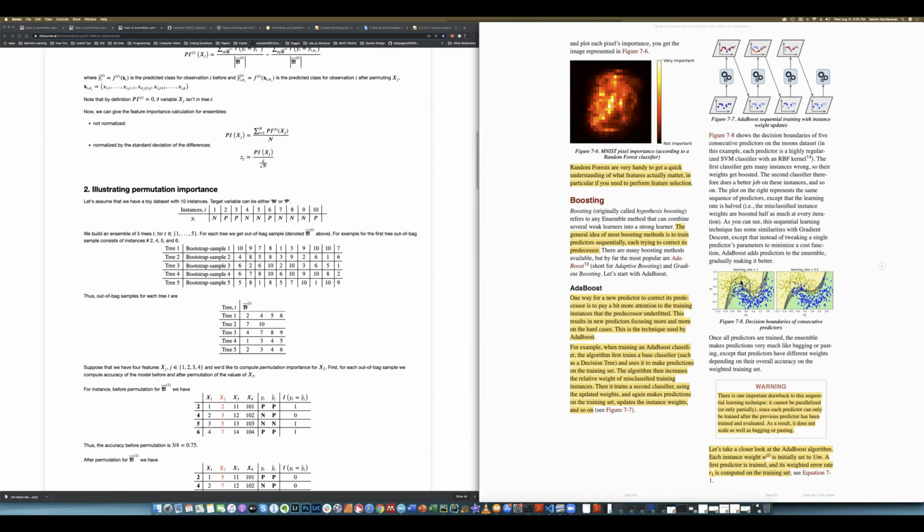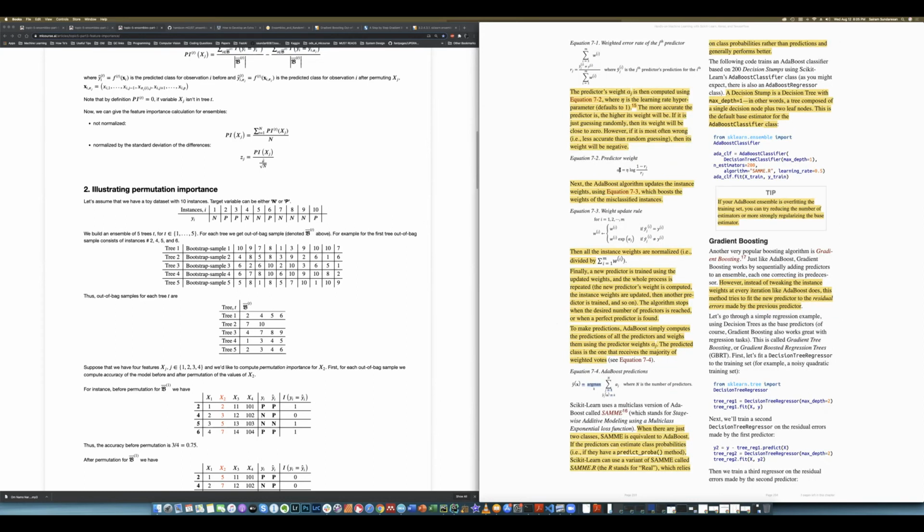So essentially, if you look at this equation right here, the predictor's weight is the learning rate times its performance, right? So a higher learning rate means that the predictor might be given a higher weight. The way that I understand it is that the learning rate is controlling how the next set of samples are going to be weighted.